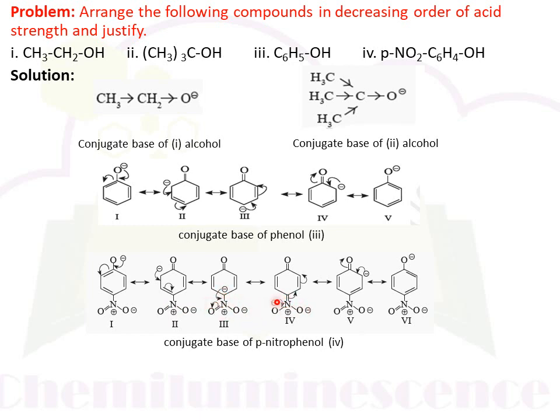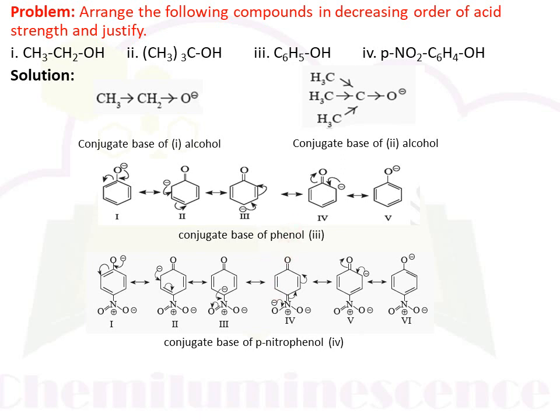If you observe this structure, the negative charge is delocalizing over the nitro group, hence the conjugation increases, and due to the increase in conjugation, the stability increases, and hence we can say that para-nitrophenol is more acidic as compared to phenol.